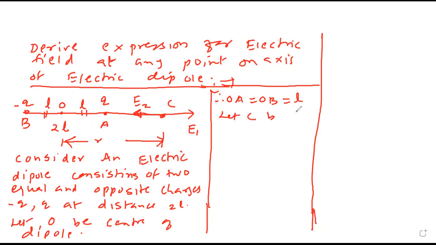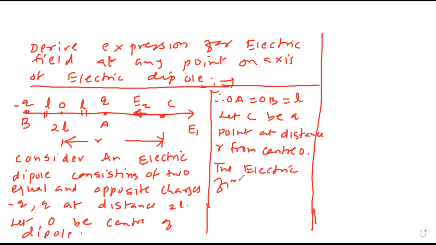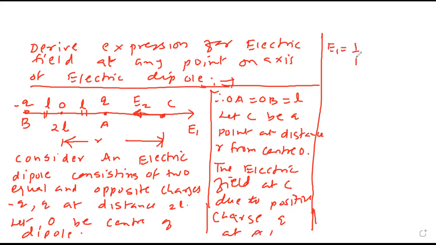Let C be a point at distance small r from center O. The electric field at C due to positive charge Q at A, E1, is 1 upon 4 pi epsilon, Q upon the distance between A and C square.